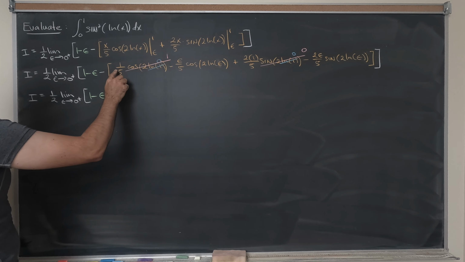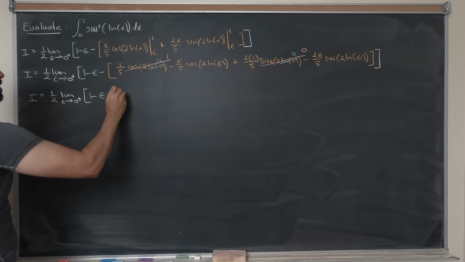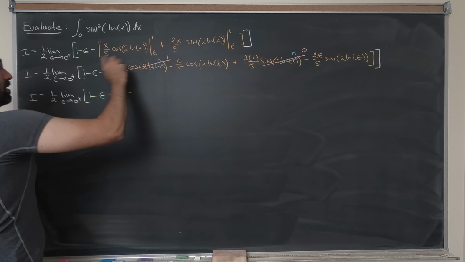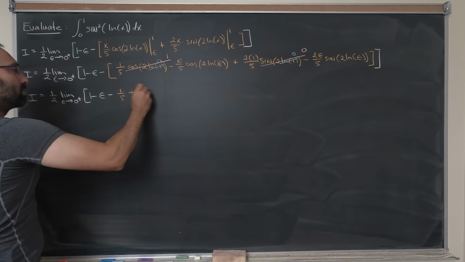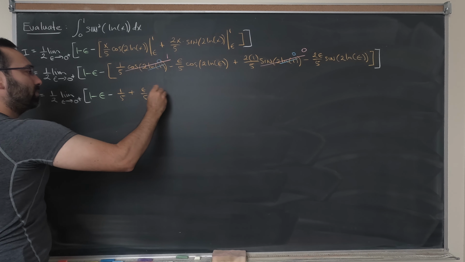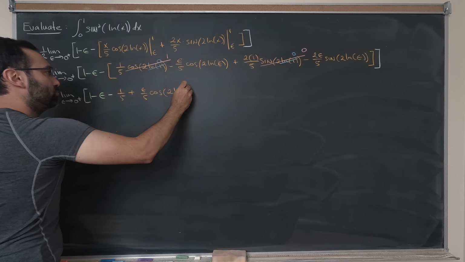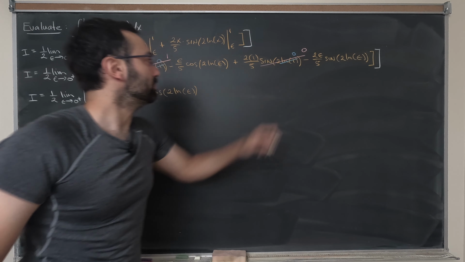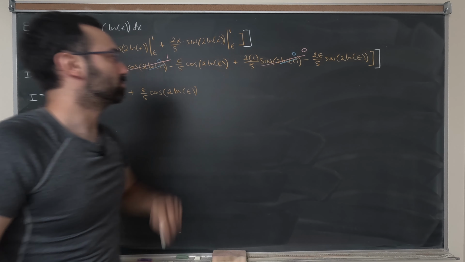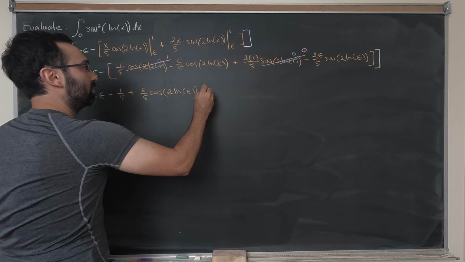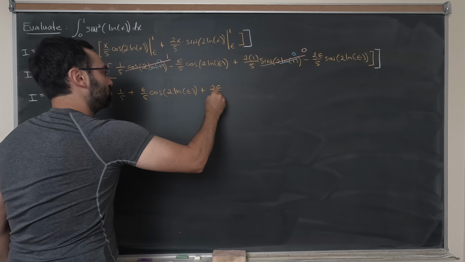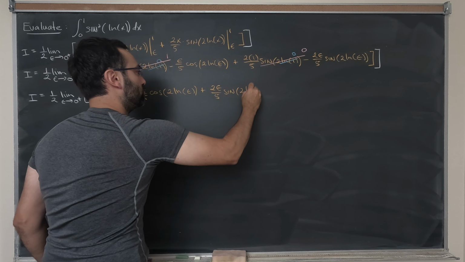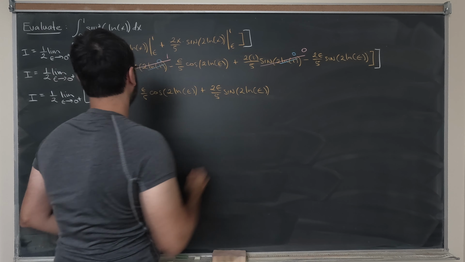So that's 1/5 times 1, so 1/5, minus minus plus epsilon over 5 cos of 2 ln of epsilon plus 0 minus distribute, so it's plus 2 epsilon over 5 times sine of 2 ln of epsilon.